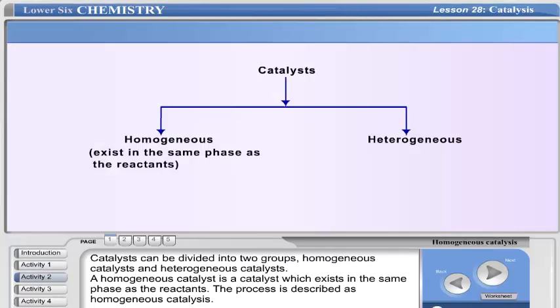Catalysts can be divided into two groups: homogeneous catalysts and heterogeneous catalysts. A homogeneous catalyst is a catalyst which exists in the same phase as the reactants. The process is described as homogeneous catalysis.